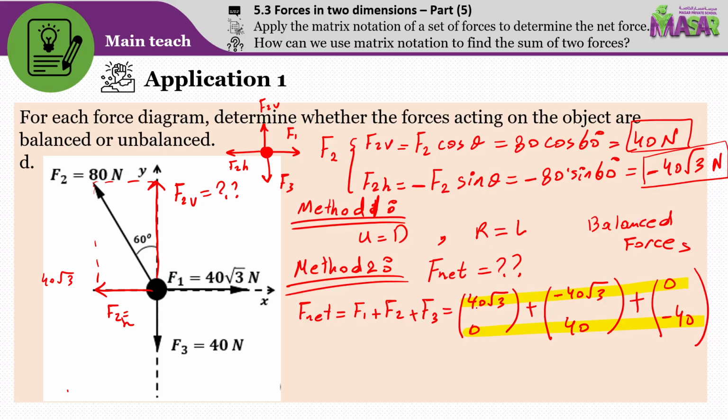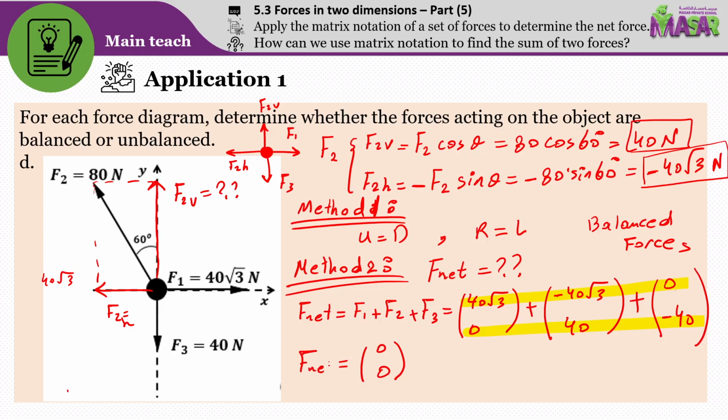So horizontally, 40 radical 3 minus 40 radical 3 is 0, plus 0, it's equal to 0. So this is the horizontal component of the F net. Now what about the vertical component of the F net? If we find it also 0, then the whole system is under balanced forces. Now 0 plus 40 minus 40 is also equal to 0.